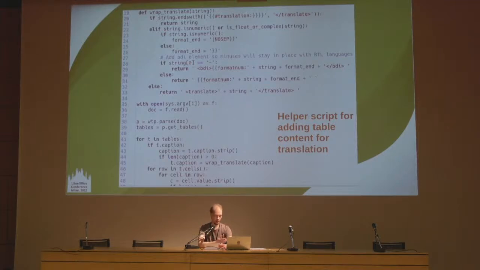It works against the local text file and also handles numbers, so they are not added for translation. And there are lots of numbers, you can imagine, in those articles. It makes use of the very helpful wikitext parser library. And here is a snippet of the script, which is available in the wiki guide for translators.